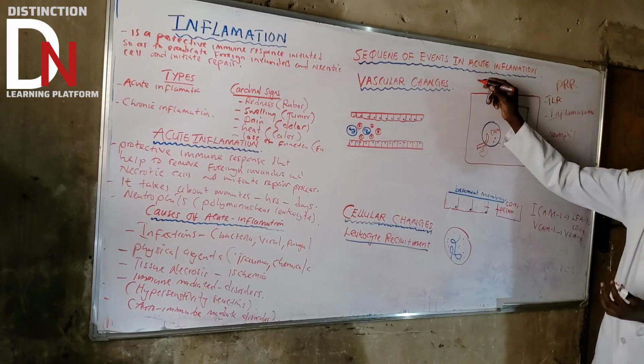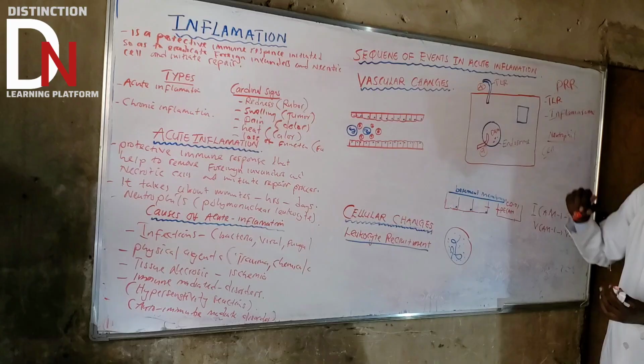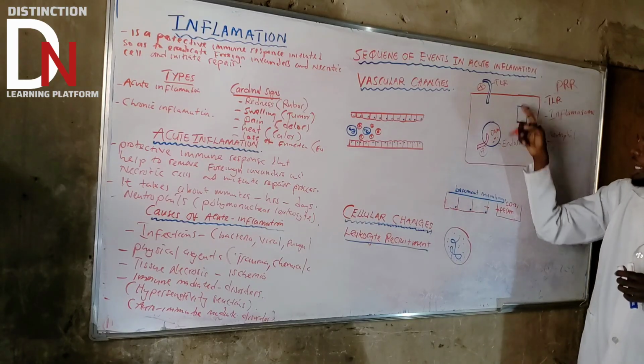Also from outside, bacterial products and the bacteria itself will activate the toll-like receptors. Those are the things that activate toll-like receptors. I'll talk about what happens once these are activated.